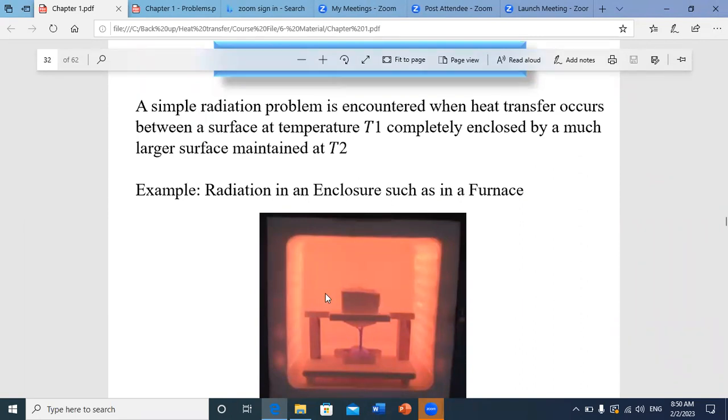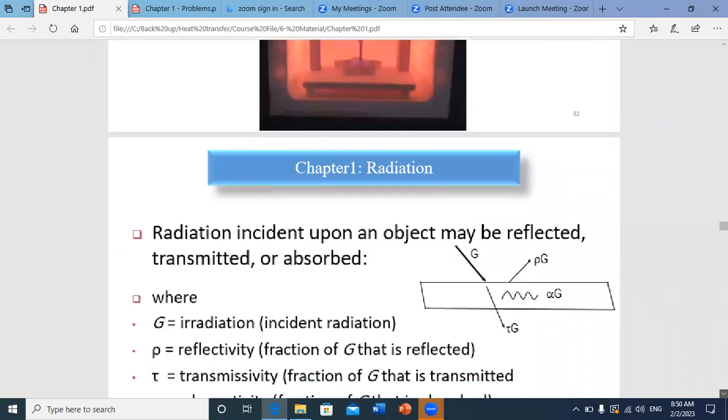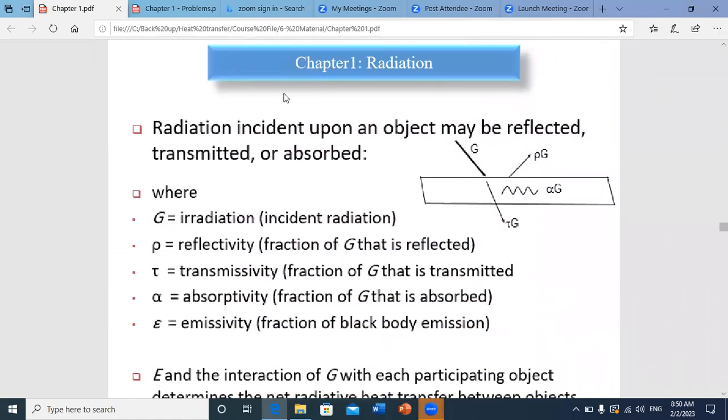In this case, you have a very large surface that will emit radiation, and the radiation will be trapped by the surface of your box, and then you can calculate what we call a net rate of radiation, that we will learn how to find together. So I will open a new session to continue this idea.